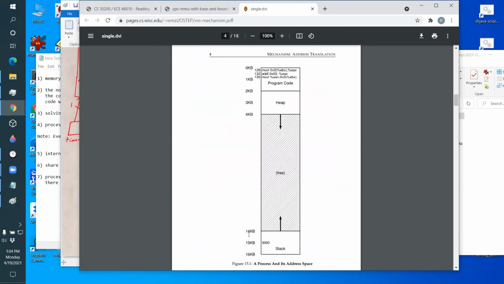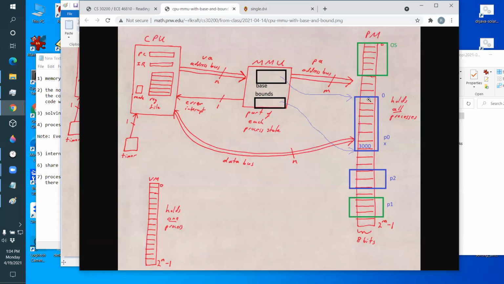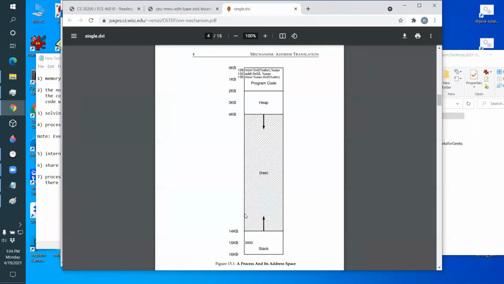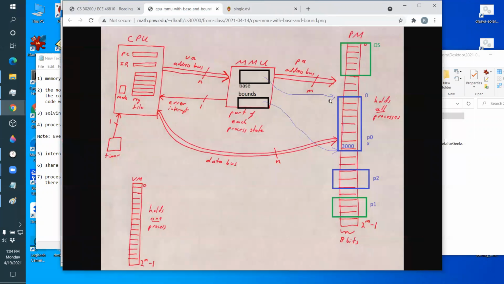Here it's shown as one big chunk. That's how base and bounds by itself would do it. The base address would give you your 0 location, the bounds address would give you your top location, and the code would be up here, with the same 3 regions sitting inside of here.